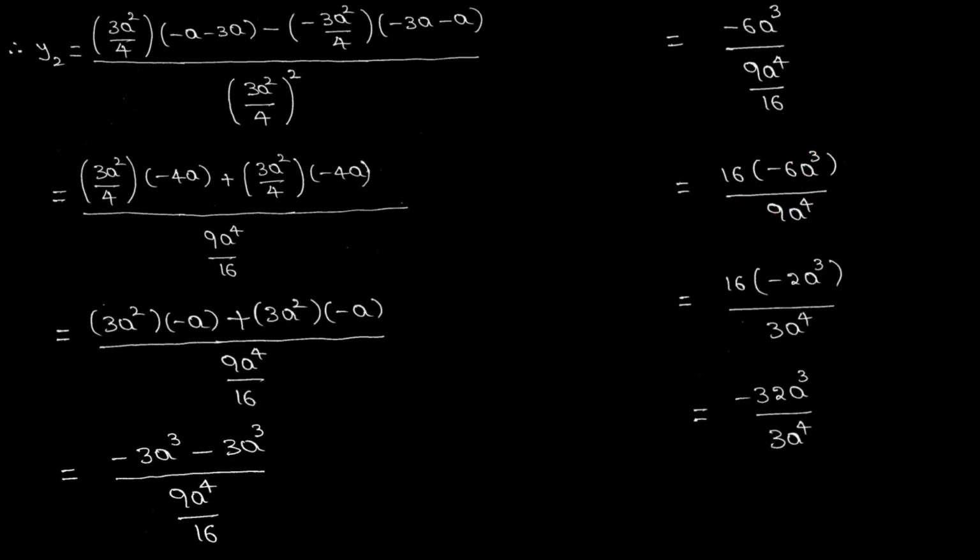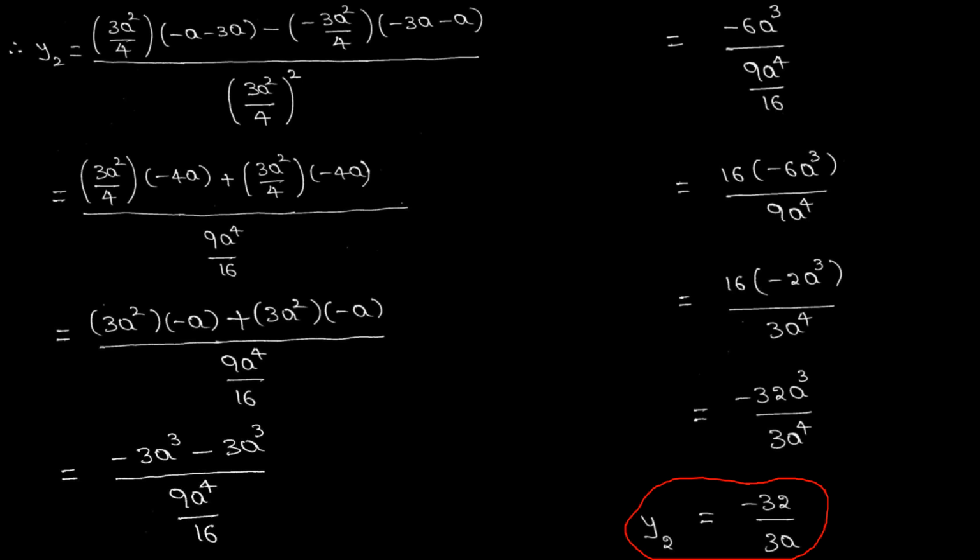After all simplifications, we will get this, and again here we have not yet cancelled a cube. Let us cancel a cube. So it is minus 32 by 3a. So finally we got the value of y2 at the given point.